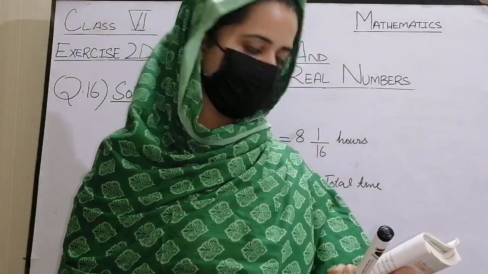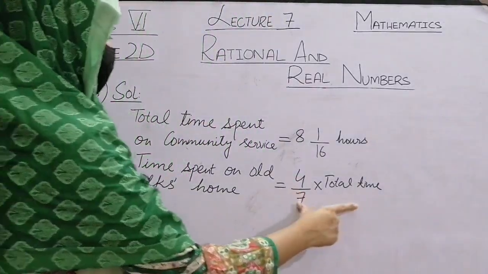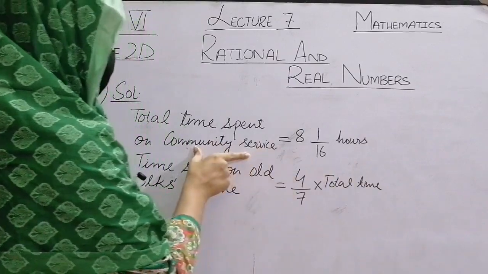Find the amount of time she spent on visiting the old folks home. We have to find out this time, which is 4 by 7 of the total time she spent on community service.